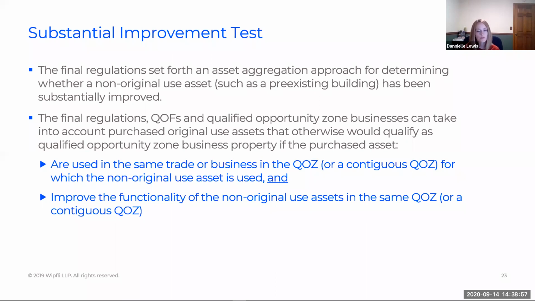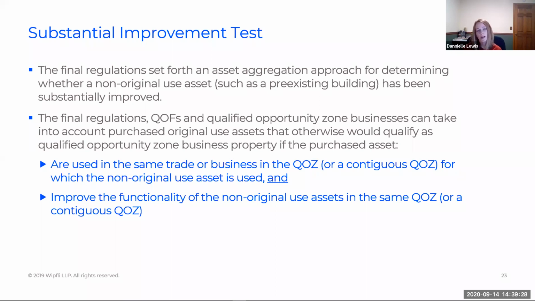For example, if you bought a business and it came with some equipment that was already in the zone, so you couldn't qualify it as new property, a downfall would be how do you substantially improve one piece of equipment? It might be pretty hard to double the basis in one piece of equipment, but if you were to aggregate all of them, it might be pretty easy. Unfortunately, they went with that asset-by-asset rule.